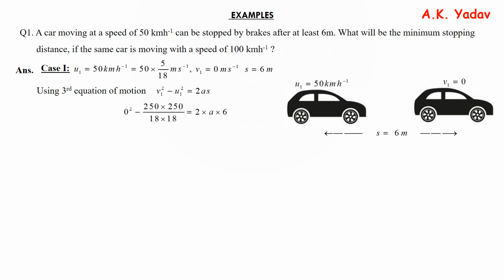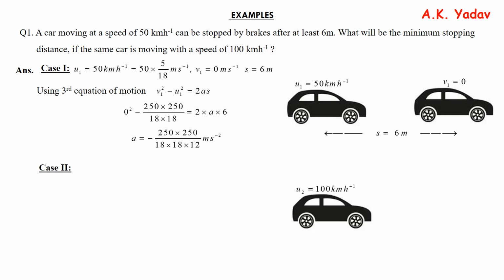So 0 square minus (250 by 18) into (250 by 18) is equal to 2 into a into 6. On solving, we get a is equal to minus of 250 into 250 upon 18 into 18 into 12 meter per second square. You can find the value or you can keep it as such.